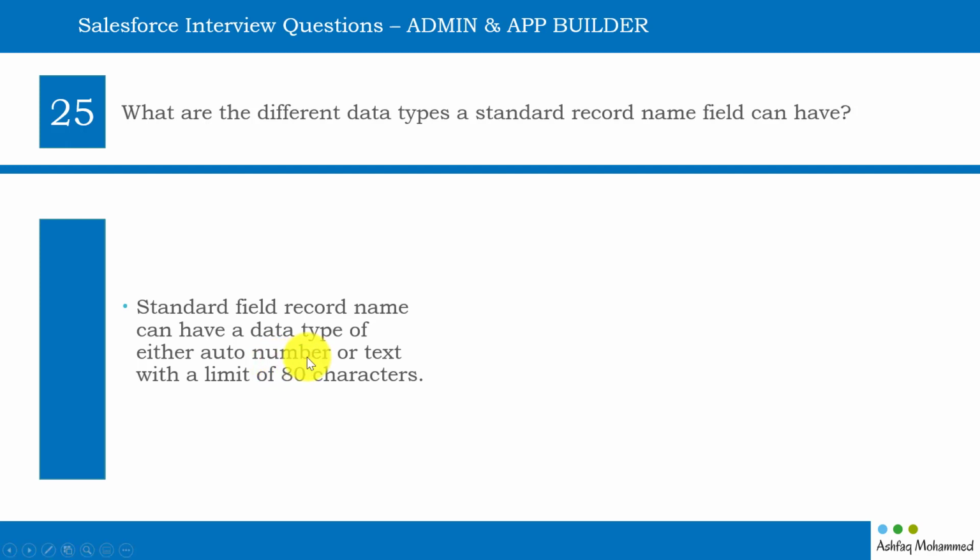Users don't have to do that. But if you want the user to enter some value, then you can give it as a text as well. In that case, auto numbers will not be generated, right? So users can enter some text as that field name.